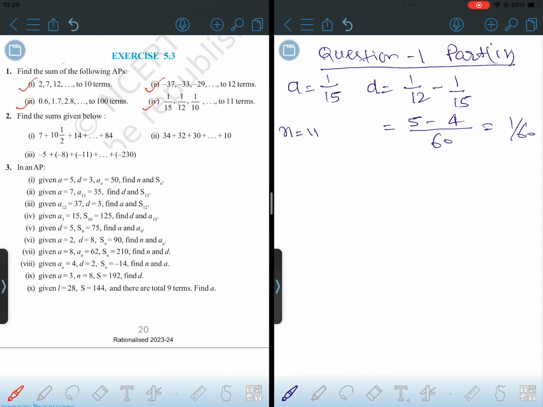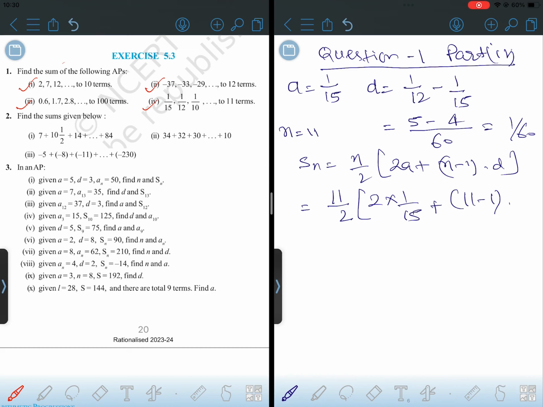Now the same formula we'll utilize to solve this. We have Sn is equal to n by 2 in bracket 2a plus (n minus 1) into d. So the value of n is 11 upon 2. The value of a is 1 by 15. So 2 into 1 by 15 plus 11 minus 1, and d is 1 by 60.